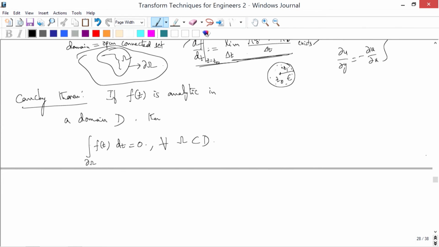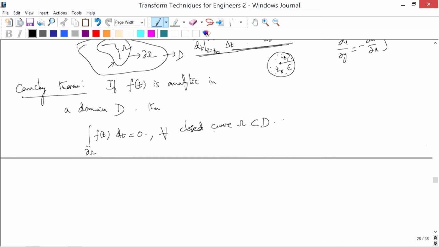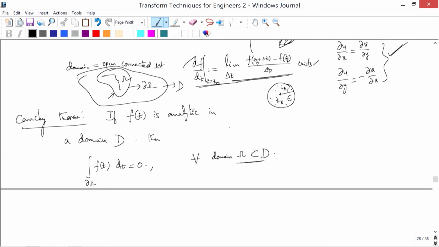This is your D, and in that you consider this closed curve omega which is in D, for every closed domain in D.